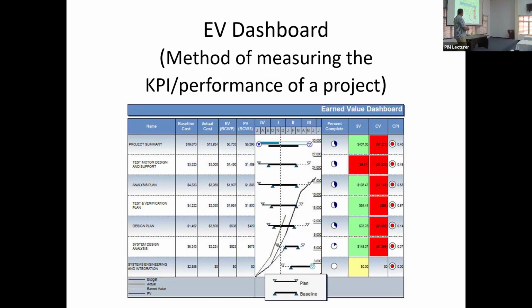That means all these activities are on time, except for this one. This may have a delay. But it tells me your activities' timing is okay, but your cost is short, it's in red.